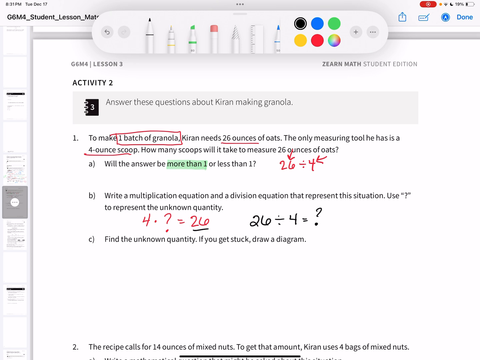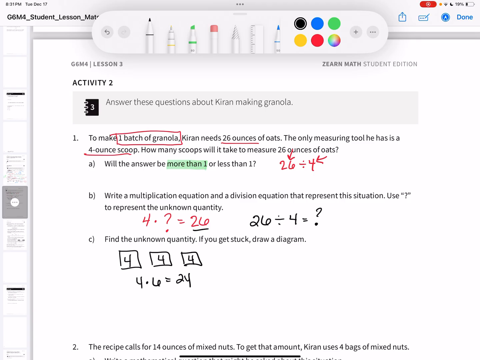All right, so I know that I have 4-ounce scoops. So I know I have 4 ounces, that's a scoop, and then another 4 ounces and another 4 ounces, right? But I don't know how many scoops I'm going to need. But I do know 4 times 6 gets me 24.